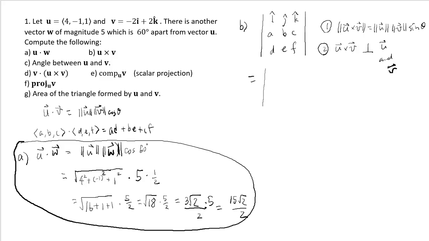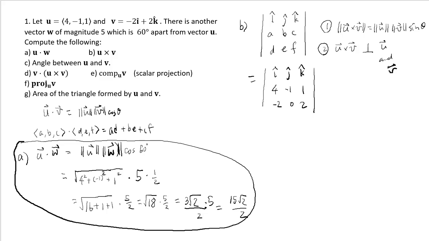Okay, so let's compute. You have i, j, k, and the vector u is (4, -1, 1). v is (-2, 0, 2). Okay, so u and v are given as coordinates, so it makes sense to use this formula.